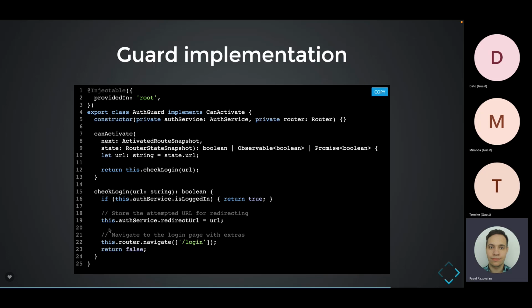So let's see. In case the user is logged in, we have the auth guard. If it's logged in, we'll return the boolean true. And in case if not, and if we want to perform the redirection to the login page, we're free to inject any other dependency inside the guard and perform the navigation like specified here.